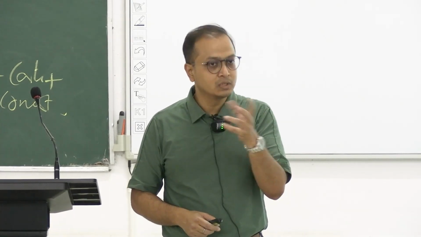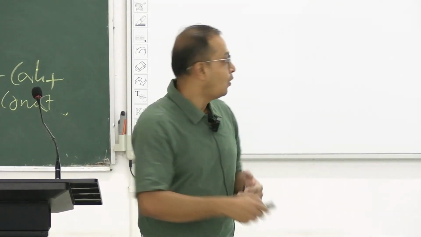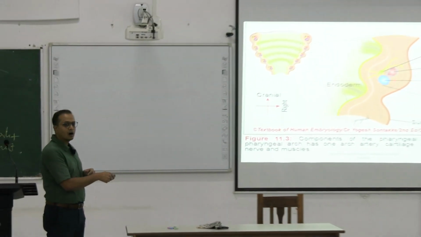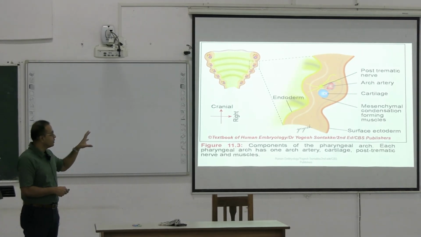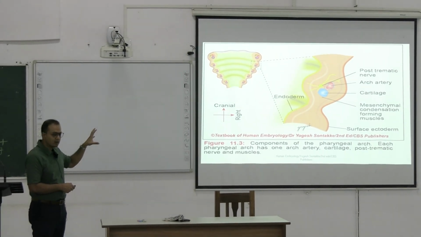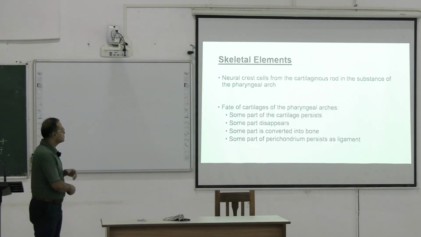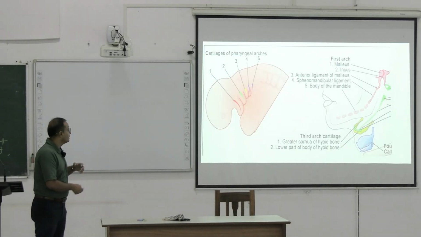Likewise, the facial artery is supplying that. So all these things are because of these particular orientations. The arch, whichever it is, produces the muscles, which are innervated by this particular nerve, and the arterial branches will be feeding it. This is what we call the pharyngeal arch phenomenon.